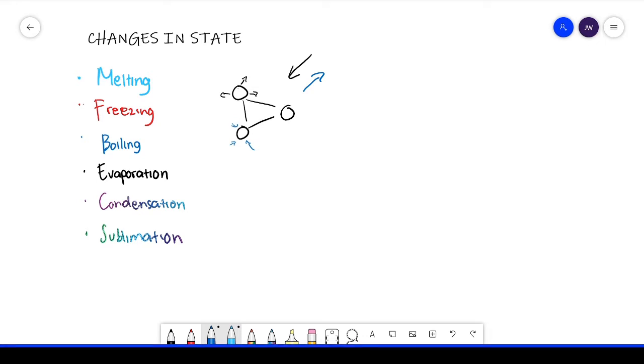Now I am going to show you guys a simple observation of change of state. For this observation, I am going to use a block of ice. Now let us observe what happens to this ice.